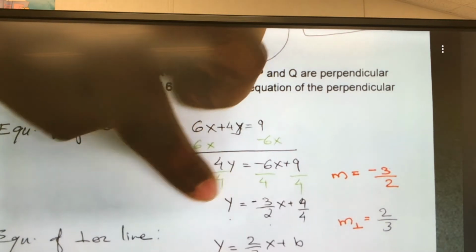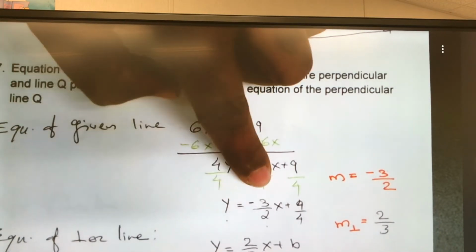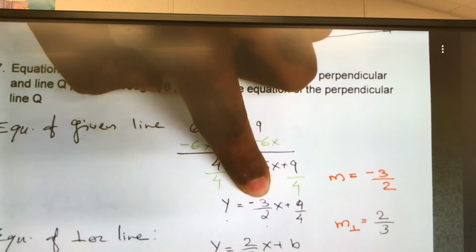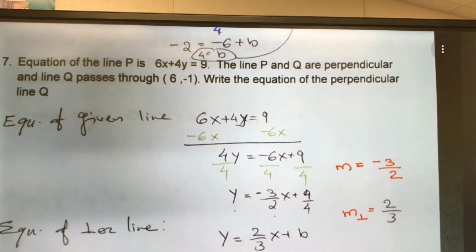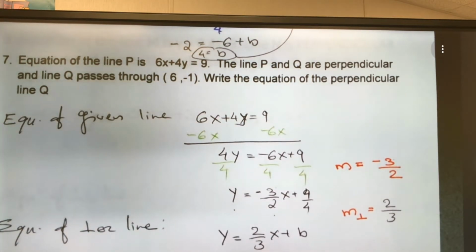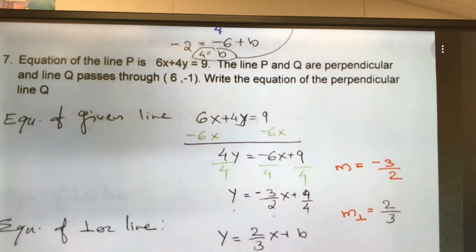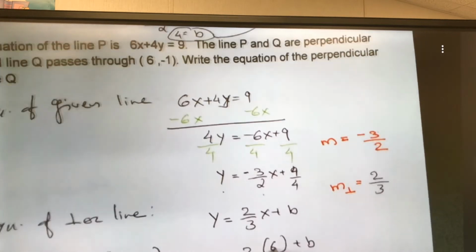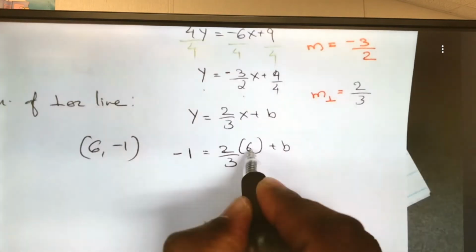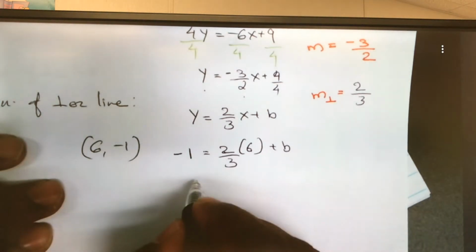So the equation of my perpendicular line is y is equal to 2 over 3 x plus b. Compare this one, look at the difference. Y is equal to m, the slope, the opposite reciprocal, x plus b. Now I need to figure out the b. So replace the x and y with the point 6 and negative 1. We will get negative 1 is equal to 2/3 of x, that is 6, plus b. 2 times 6 is 12. 12 divided by 3 is 4.